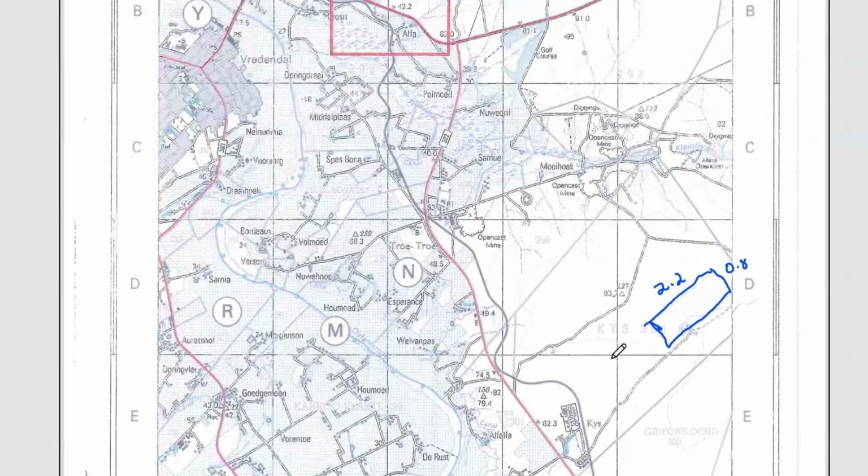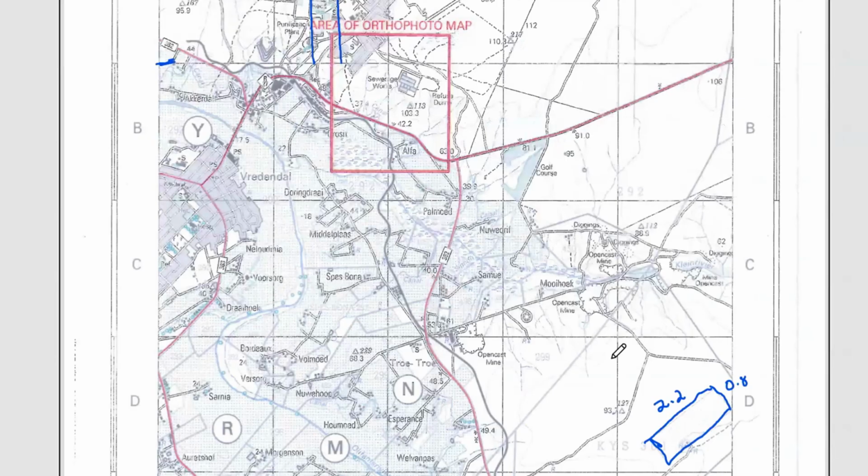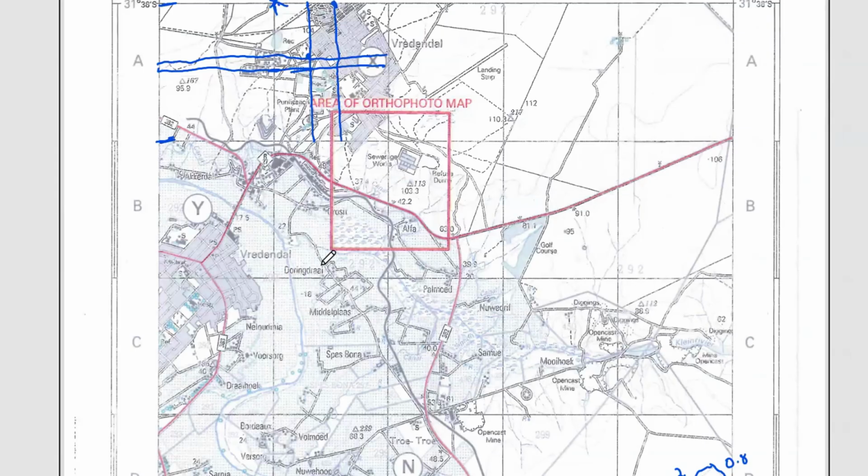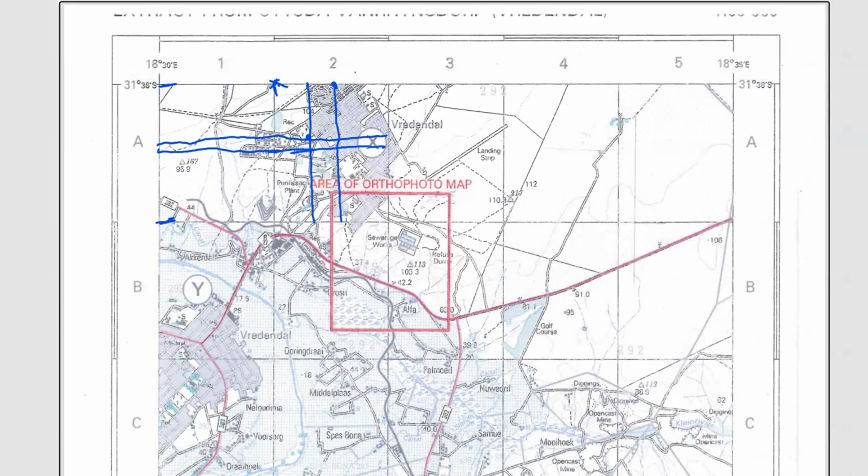In block A5 we can see a wind pump here, and another wind pump in block B5 is here. So what we want is the bearing from this one to this one. We want to calculate the angle from this to this.